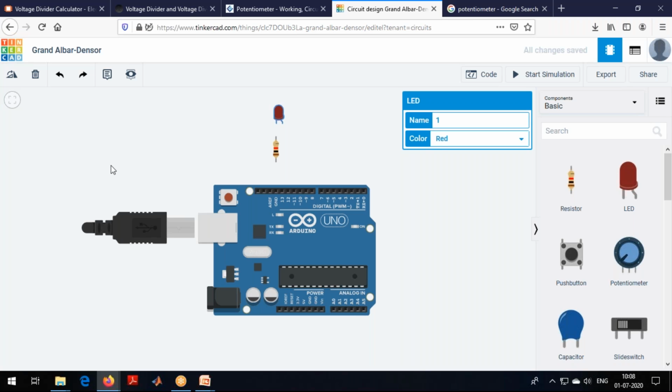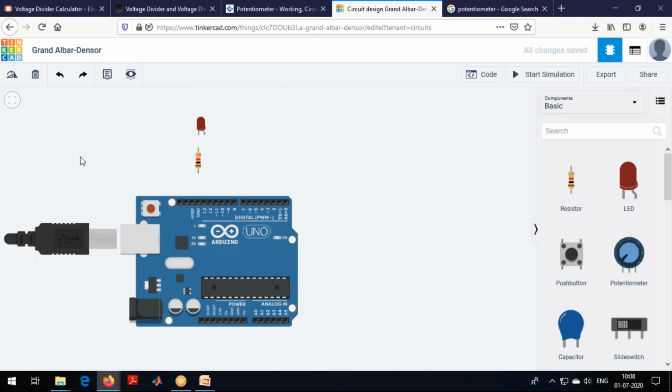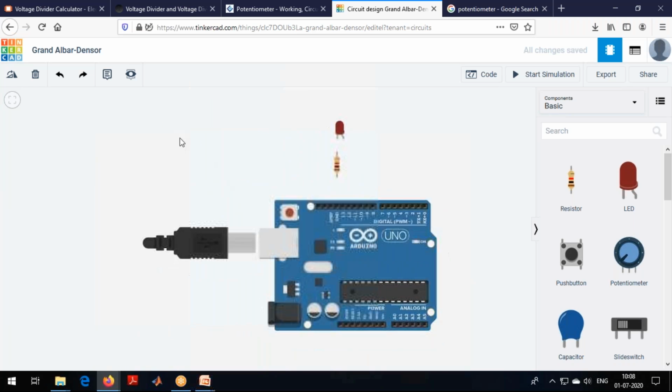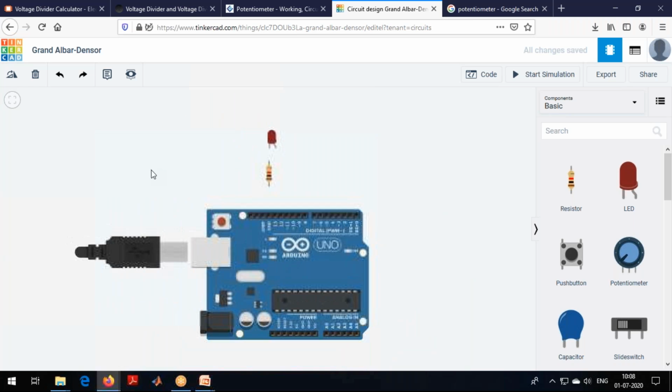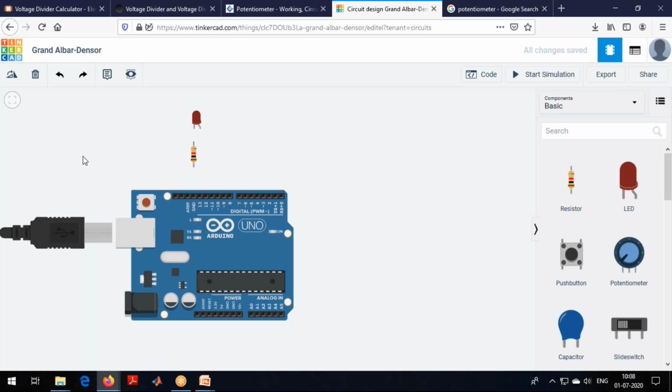Other than components, in the remaining place, if you click and drag, the entire circuit will be moving. You can see here I'm clicking in this position where we don't have any components, and we can drag the entire circuit like this.